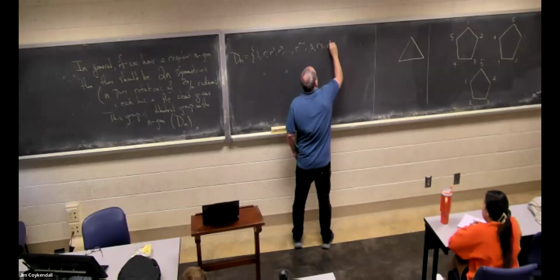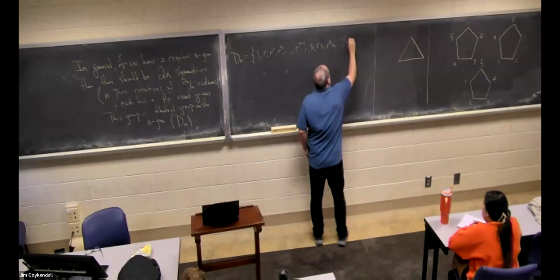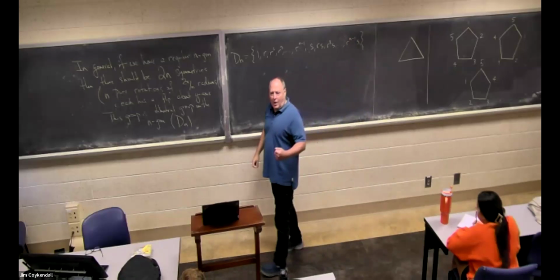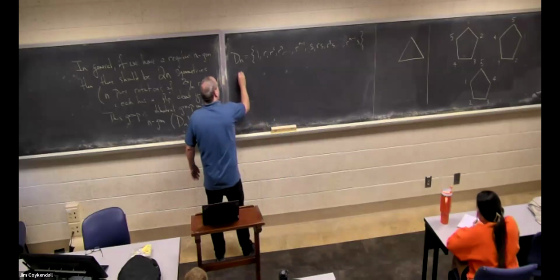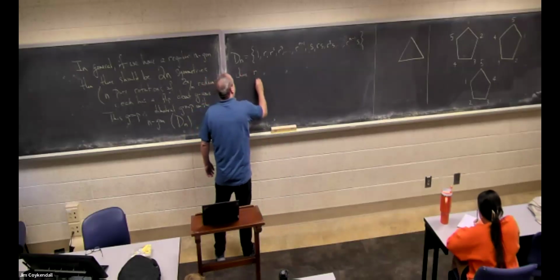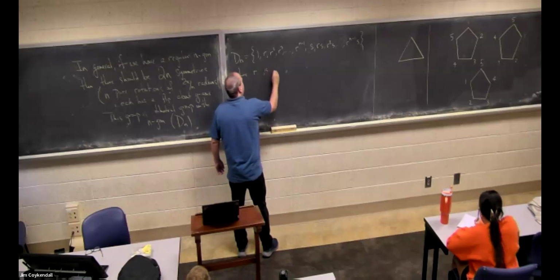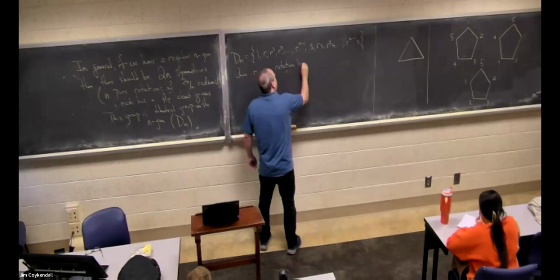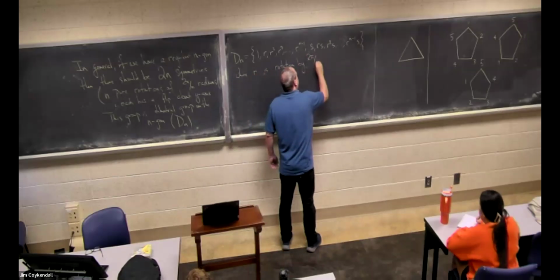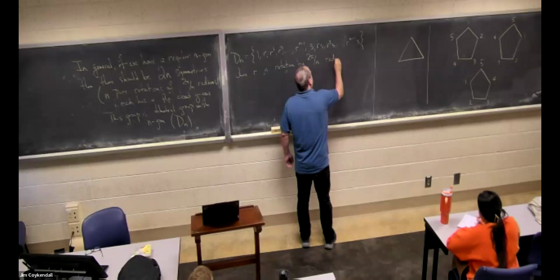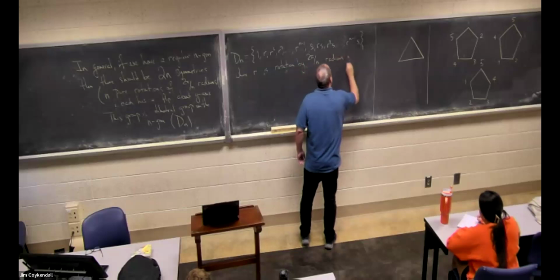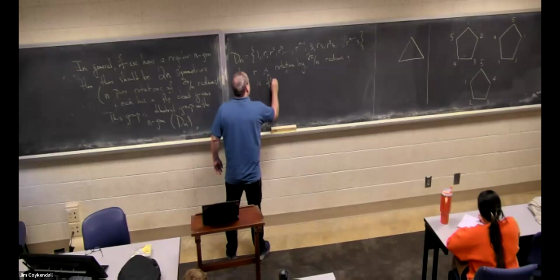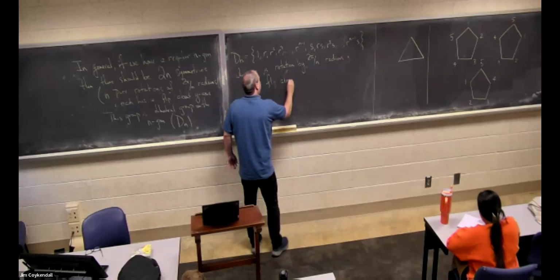These are all the arrangements where R is a rotation by 2 pi over n radians, and S is a flip through my axis.